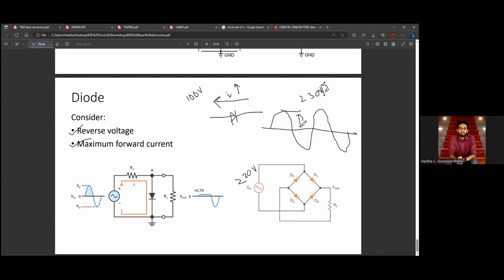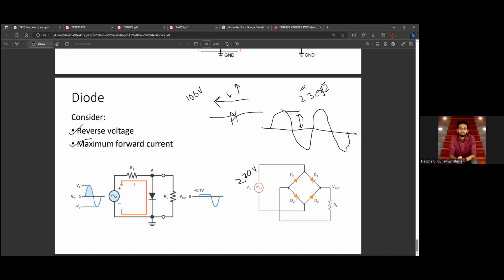Since this is connected to 230, each of these diodes has to face 230 by root 2 voltage in the reverse direction.